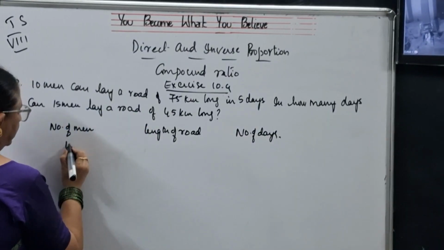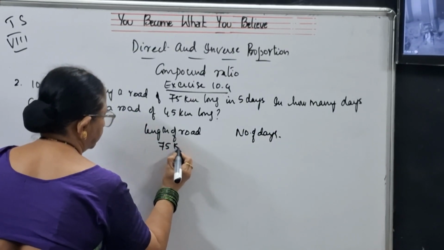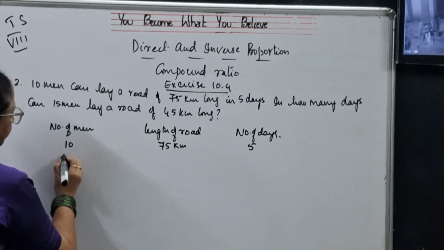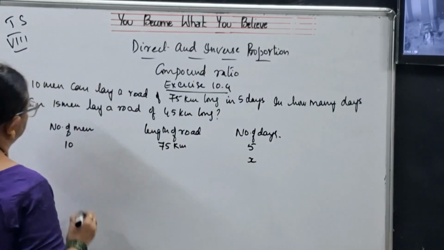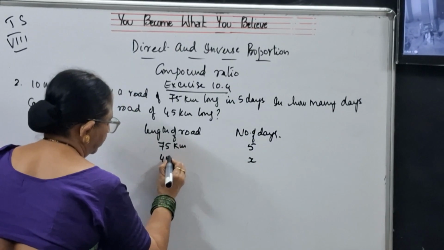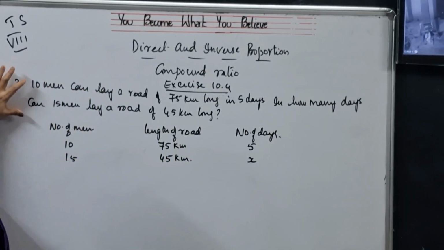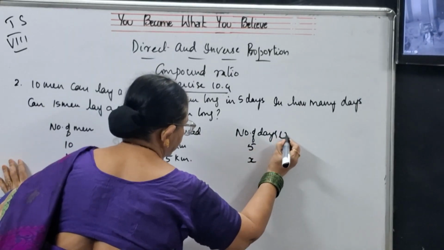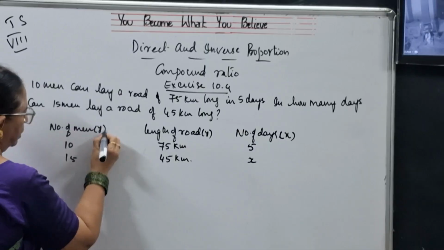So 10 men can lay a road of 75 kilometers in 5 days. In how many days? That is, days should be considered as x. 15 men can lay a road of 45 kilometers. So we could make the statements with the help of the problem. So x is here, so consider this as x. If this is x, this is y and this is y.